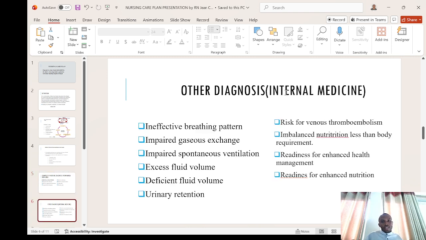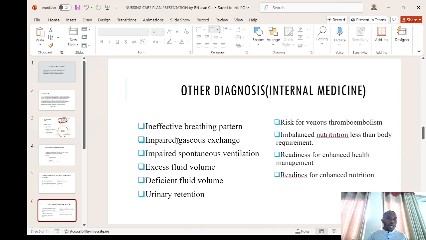So there are other nursing diagnoses, like in internal medicine patients, like ineffective breathing pattern. When there is difficulty in breathing, when the patient is struggling to breathe, you can use this one. There is impaired gaseous exchange, like you measure the oxygen saturation, and you find that the patient is having low oxygen. It shows that the patient is retaining carbon dioxide. Or you do an arterial blood gas, and you find that the patient is retaining carbon dioxide.